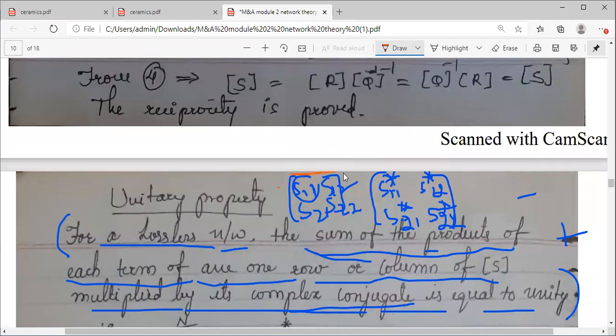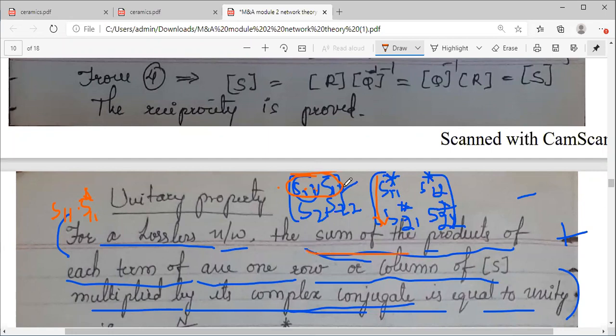Let me take the first row. If I take the multiplication of the first row with its complex conjugate, see, S11, which is in the first row, I should take the first column, because S11's conjugate is S11 star. So what is the product? Let me write it here, S11 into S11 star. This is your first term, and it is given here.